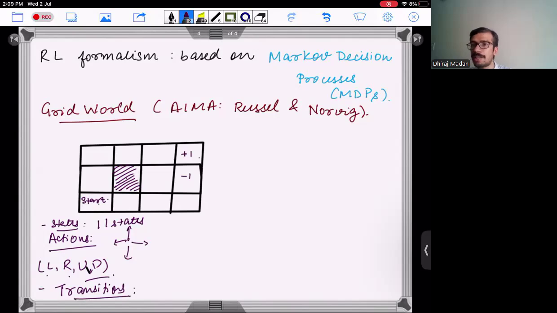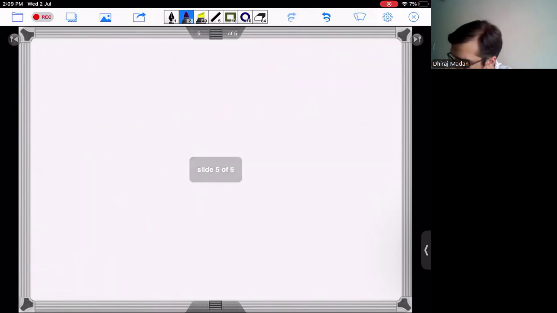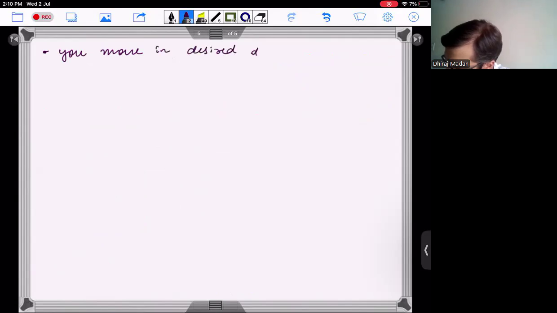The idea in this particular game is that, on taking action A, which belongs to up, down, left, or right, you move in the desired direction with probability 0.8.